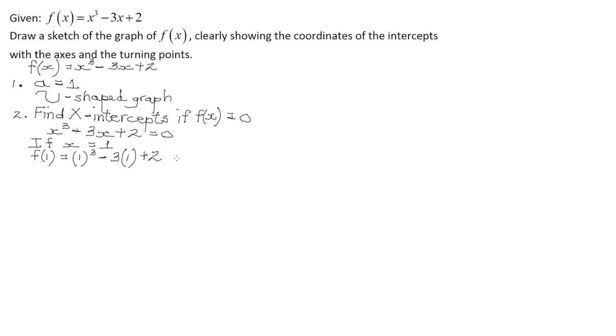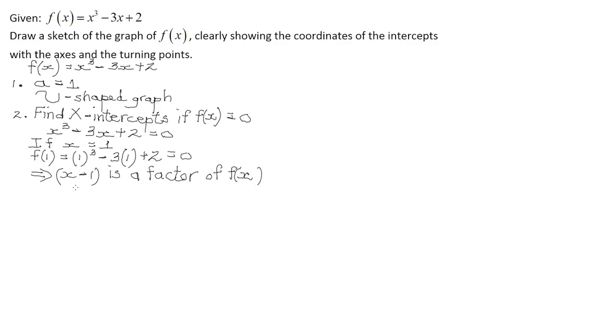And remember, this is equal to 0, which is the case, because 1 plus 2 is 3, minus 3, that is 0. What does that mean? That implies that x minus 1 is a factor. It's a little bit of revision for factor and remainder theorem. Now we have our first x value.